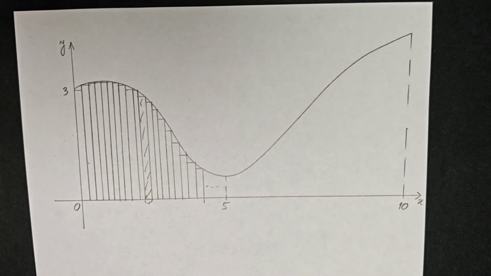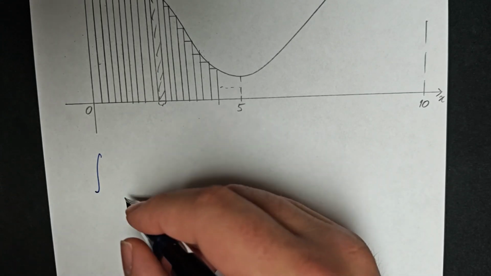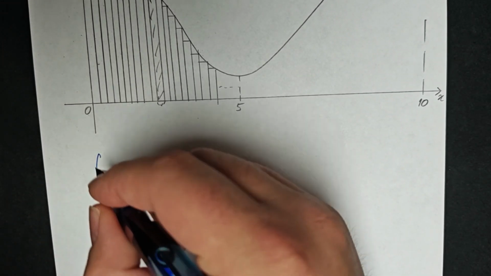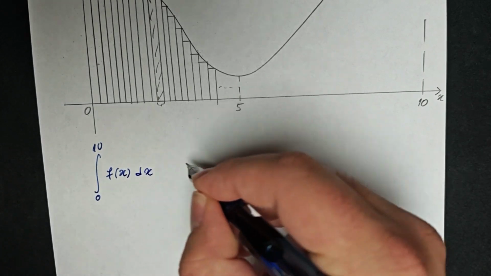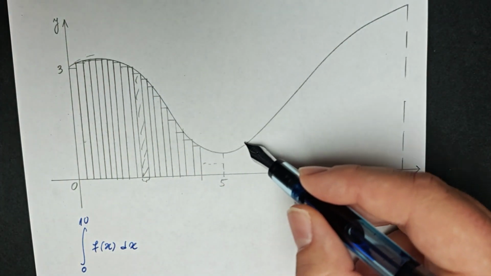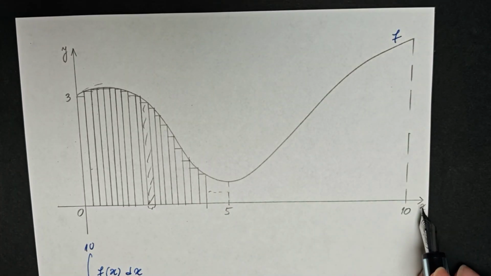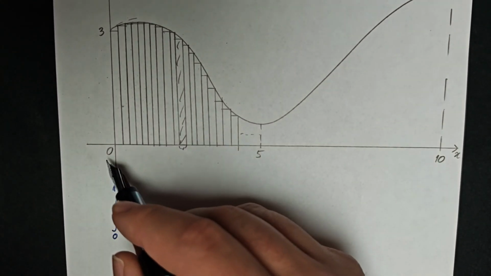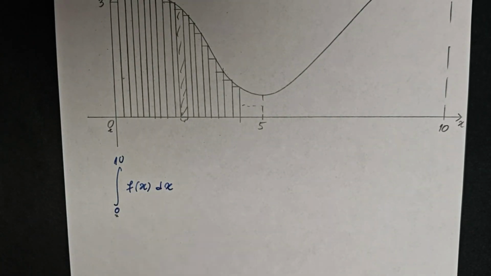The notation of an integral in our case is the integral sign: integral from 0 to 10 of f of x dx. This notation means that we are taking our function f, this function right here, and that on the x-axis we are starting from number 0. 0 is the lower border of our integral.